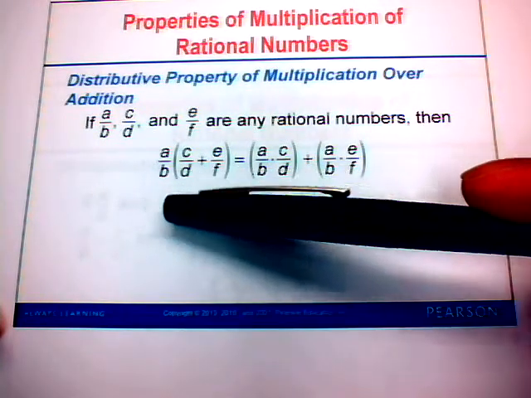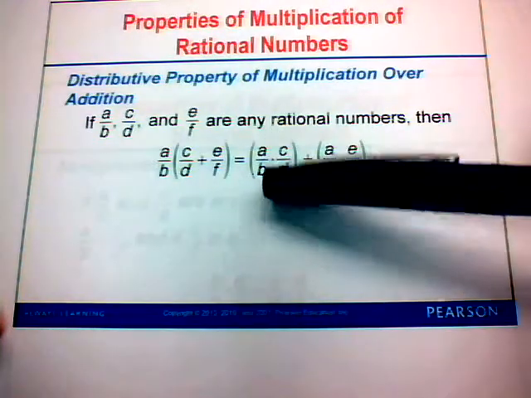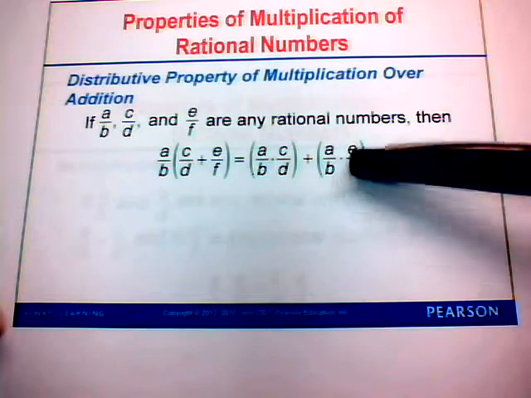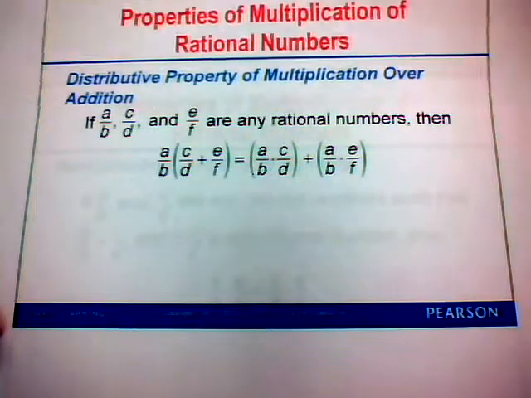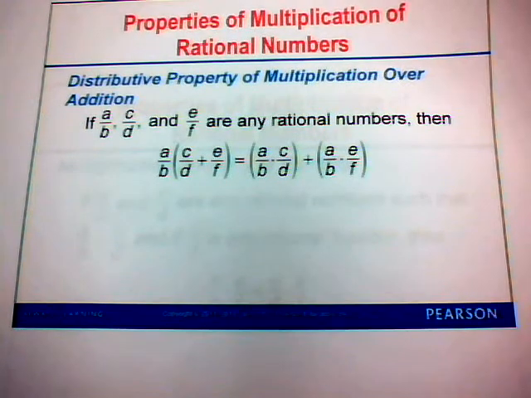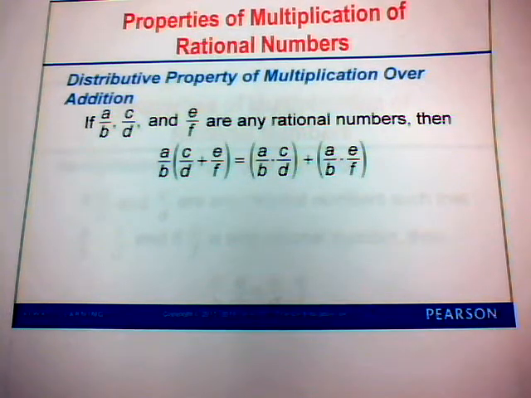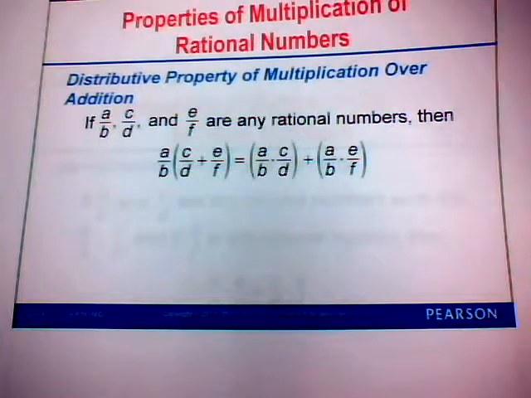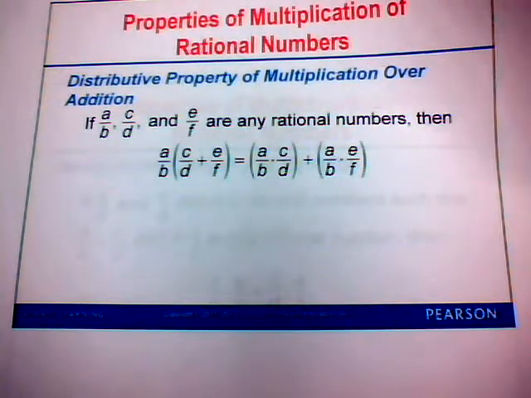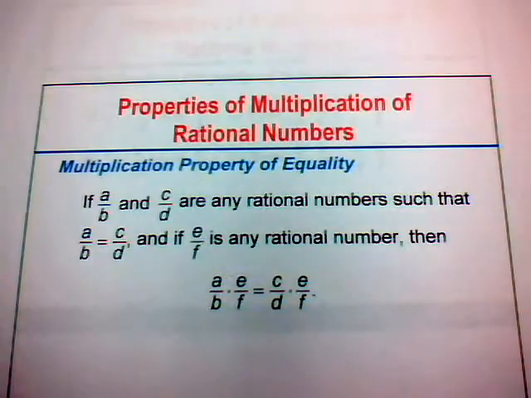So this product will become a over b times c over d plus a over b times e over f. That distributive property of multiplication over addition does apply to rational numbers as well as for integers and whole numbers.